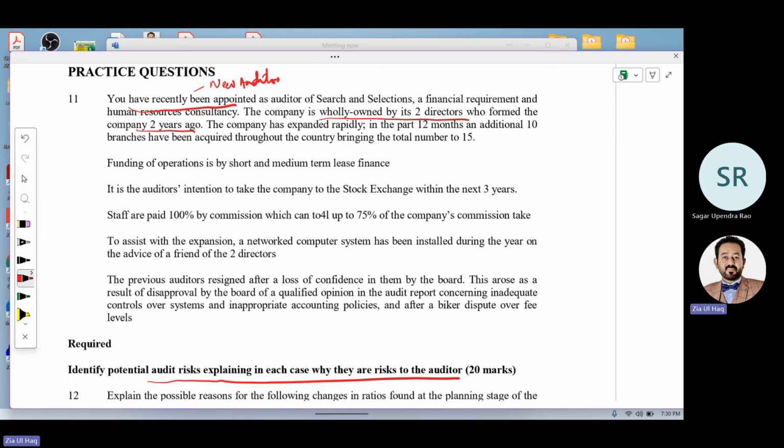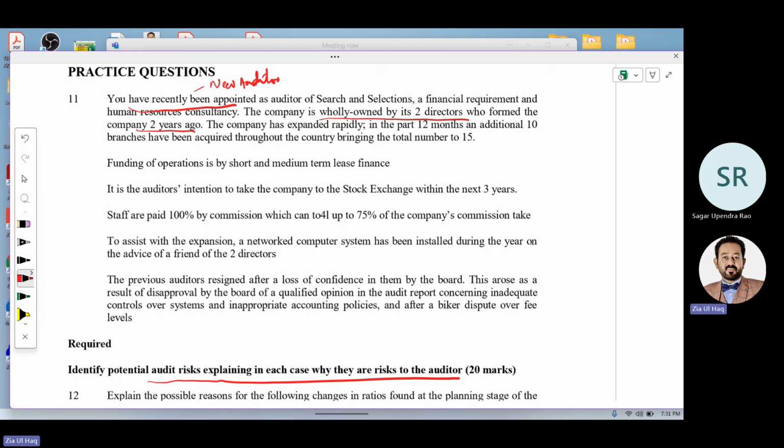The company has expanded rapidly. What does that mean? If a company is expanding its operations rapidly, this means the company is overtrading. If any customer doesn't want to buy your product, okay, take it, pay in future, doesn't matter, take it on credit basis.